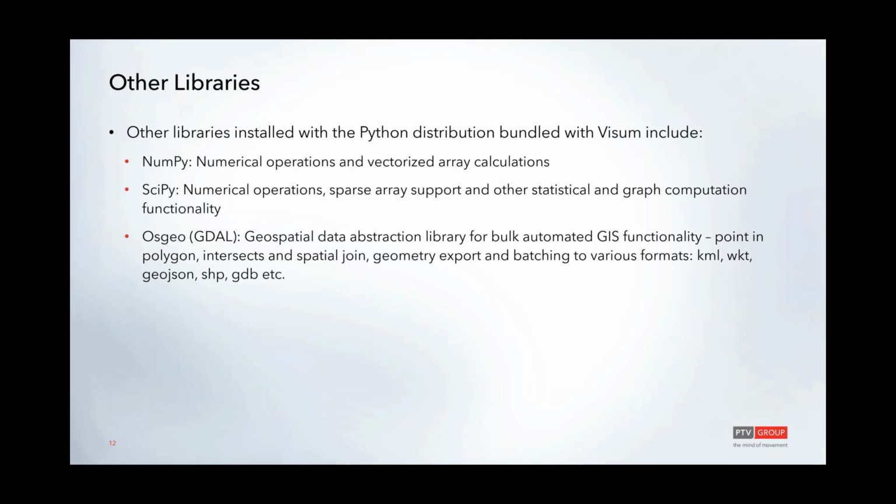For example, if you want to pull some data out of Visum and export it to a KML file or WKT or GeoJSON, interface with geodatabases in a customized way, or read some shape files as custom operations. All of this functionality can be accessed by using the Osgeo GDAL module.